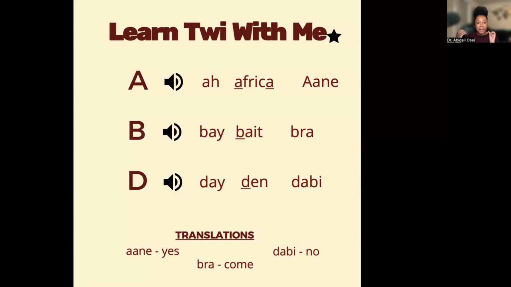B, like bait. In this lesson, honestly, have your mirror next to you while you're listening to me. B, like the b in bait. Bra. This is not bra, as in brassiere, which is what you would read in English. In Twi, bra means come.